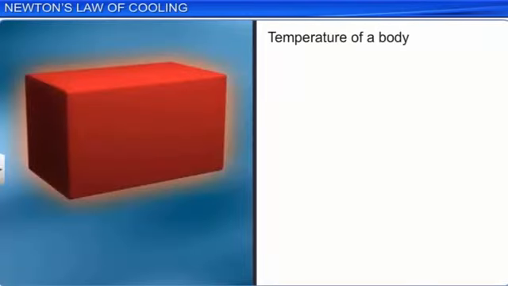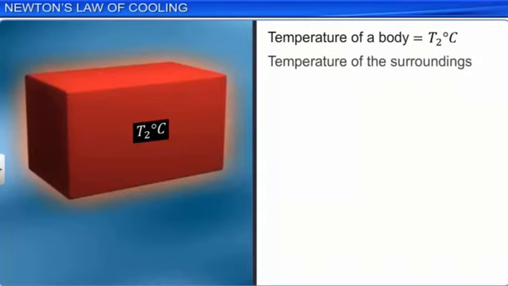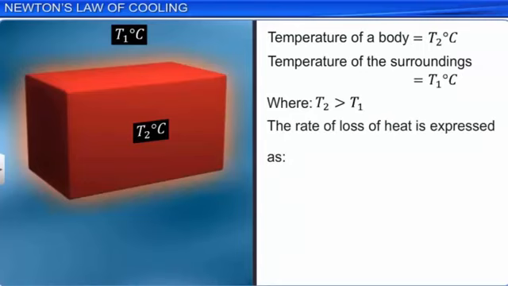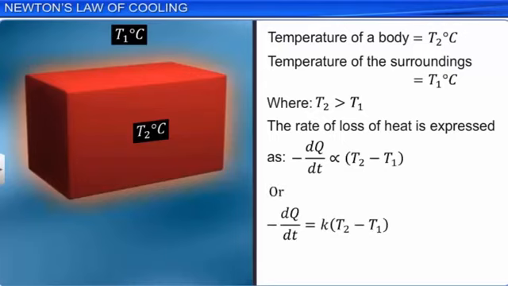If a body is at a temperature T2 degrees Celsius and its surroundings are at a temperature of T1 degrees Celsius, where T2 is greater than T1, then the rate of loss of heat is expressed as minus dQ by dt is proportional to T2 minus T1, or minus dQ by dt is equal to K into T2 minus T1.